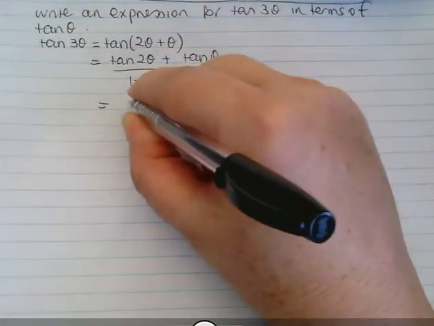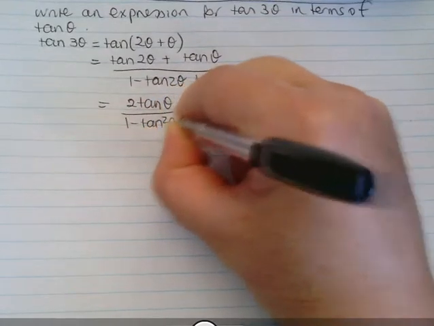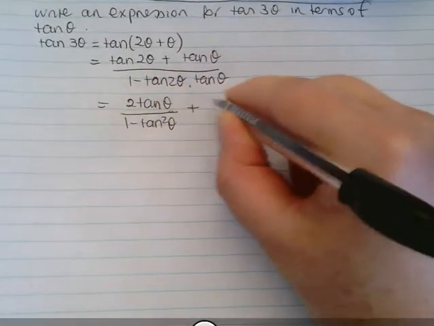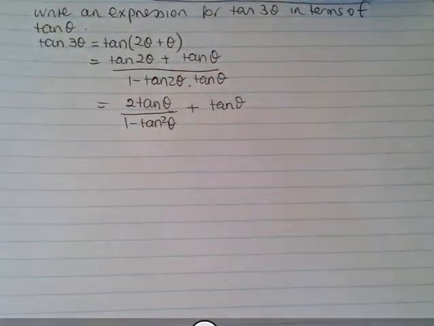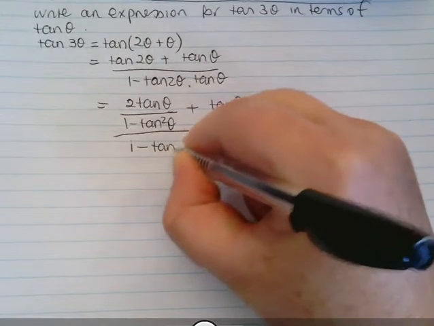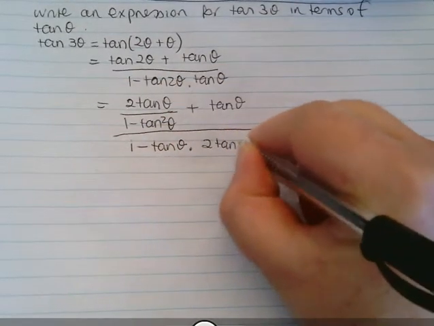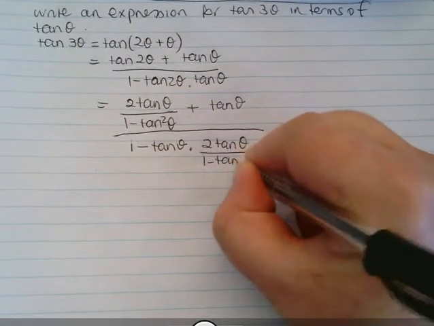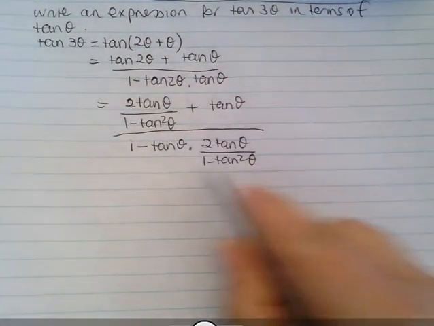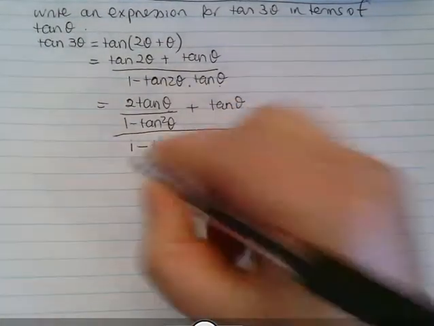Then we apply the double angle result for tan as well, which is 2 tan theta over 1 minus tan squared theta, plus tan theta minus tan of 2 theta times tan theta. I'm going to write the tan theta first, and then put the tan 2 theta next to it, which is 2 tan theta over 1 minus tan squared theta. It doesn't really matter anyway. But I wrote here the tan theta first and then did the expansion for tan 2 theta.